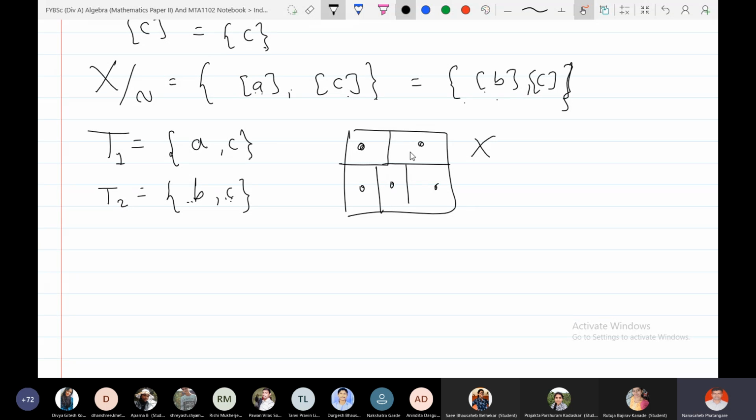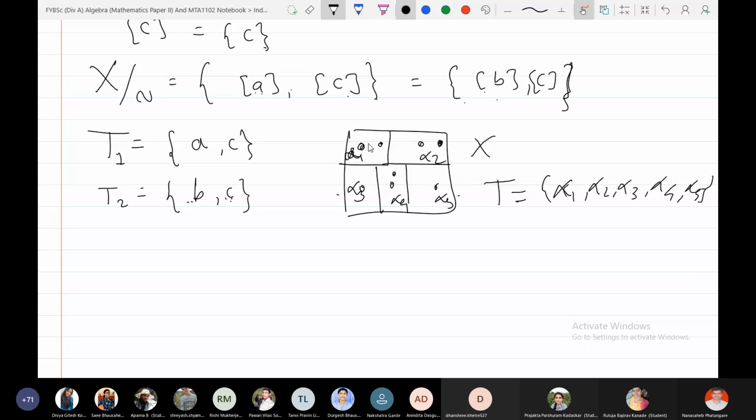Suppose these are alpha 1, alpha 2, alpha 3, alpha 4, and alpha 5. So the transversal is {alpha 1, alpha 2, alpha 3, alpha 4, alpha 5}. Somebody can select one representative, somebody else another, and so on. No problem. You choose exactly one representative from each class, but not more than one. That is a transversal.